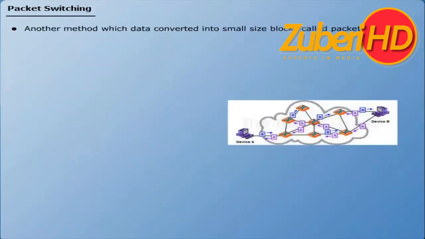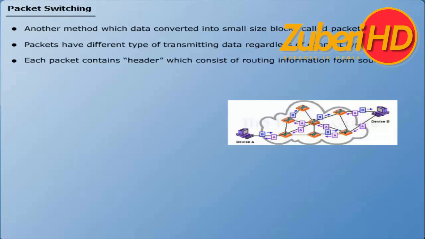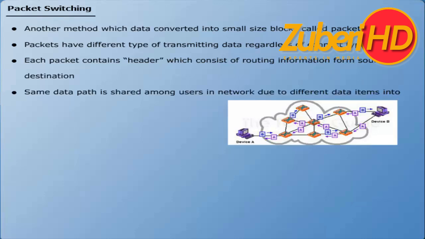Packet switching is another communication method which converts data into small size blocks called packets. The packets have different types of transmitting data regardless of content, type, or structure. Each packet contains a header, which consists of routing information from source to destination. The same data path is shared amongst the users in a network due to division of different data items into packets.